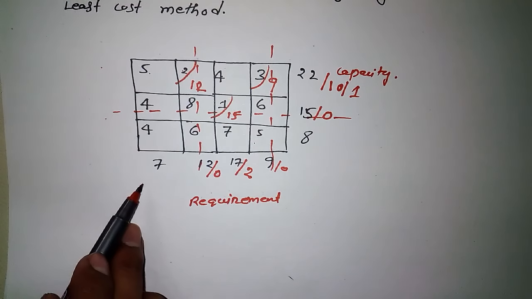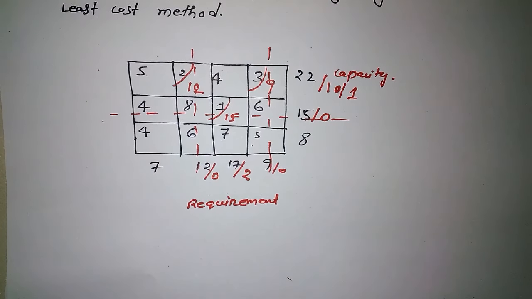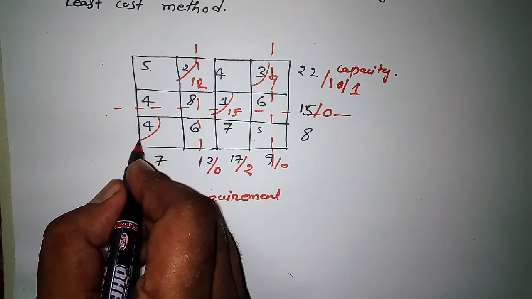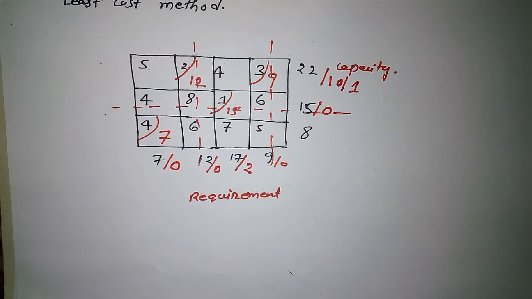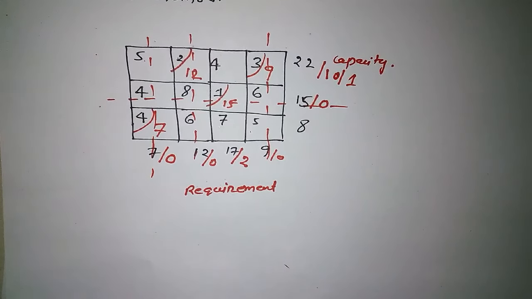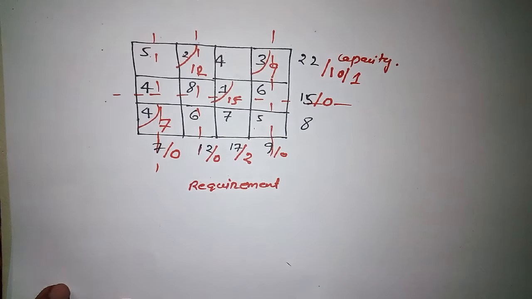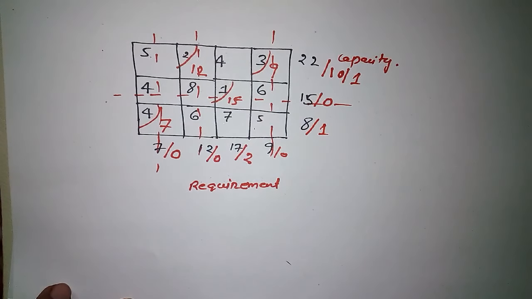The highest demand is 7, and the capacity is 8, so we go for this one. We fulfill this and the remaining will be 0. Now we cross this number, then the remaining one is 4, and the remaining capacity would be 1.